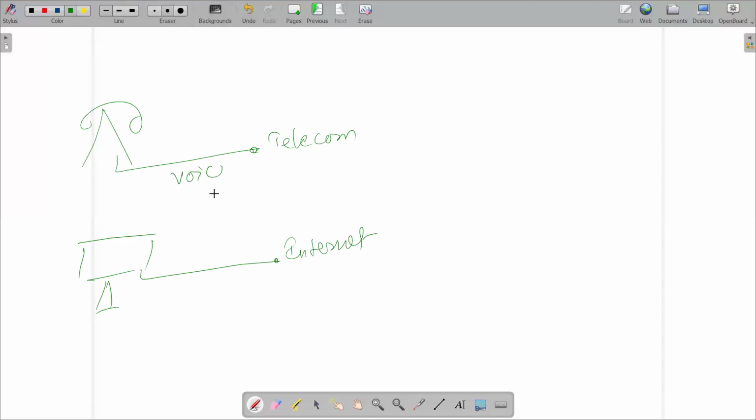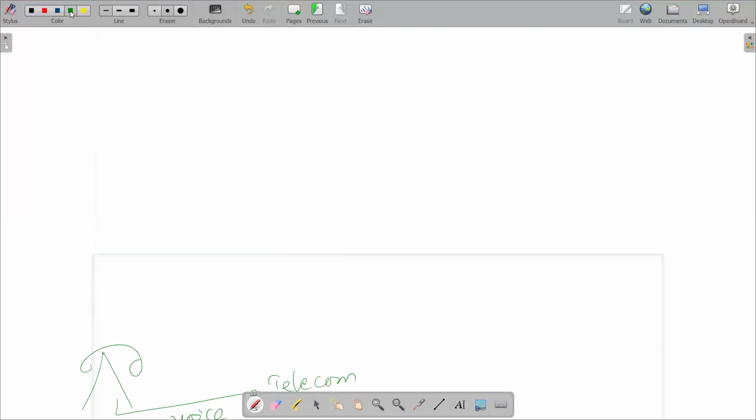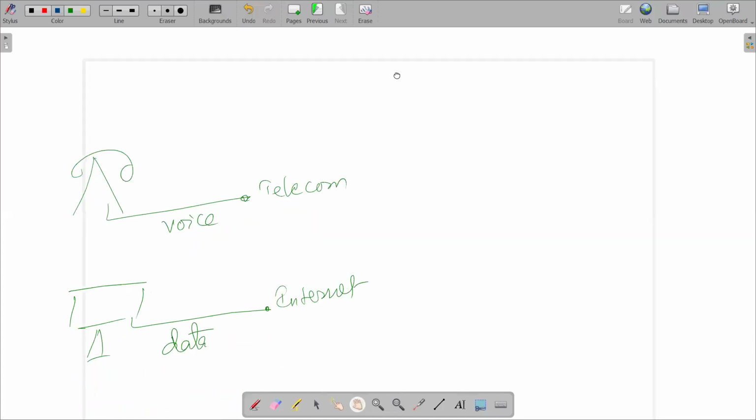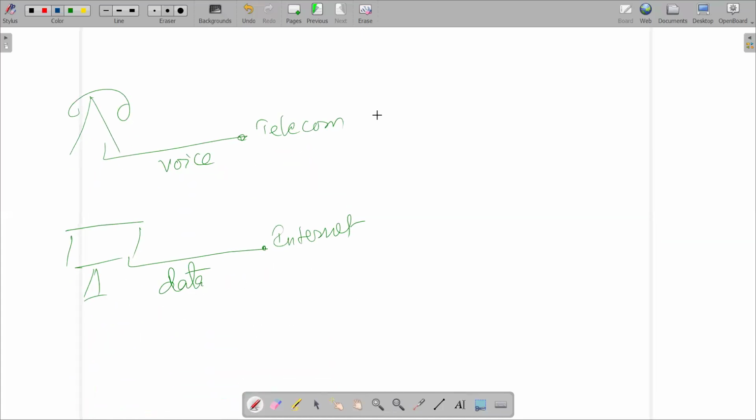This is for voice, this is for data. So people were paying two bills, correct or not?